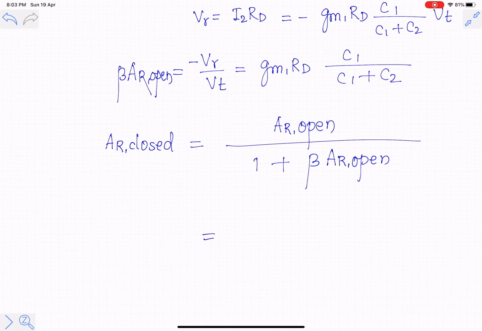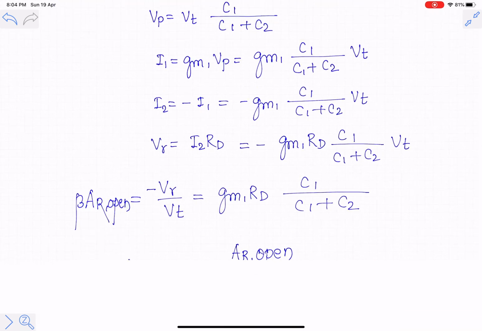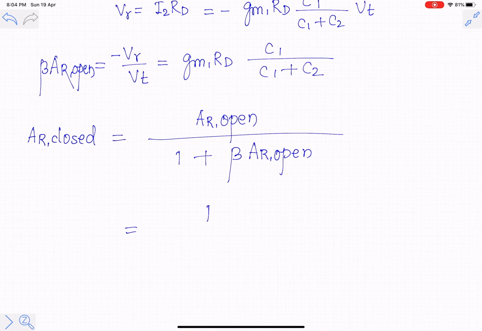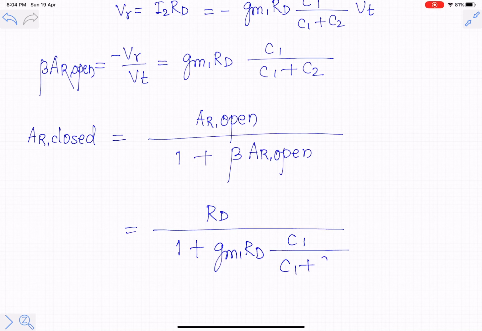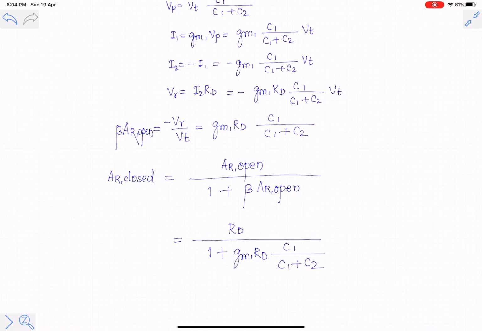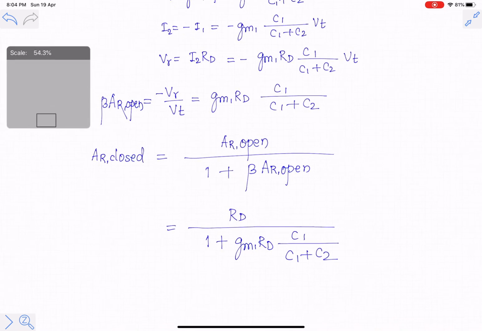AR open is RD. So it is RD divided by 1 plus beta into AR open, which is equal to GM1 RD C1 upon C1 plus C2. So this is the equation for the closed loop gain.